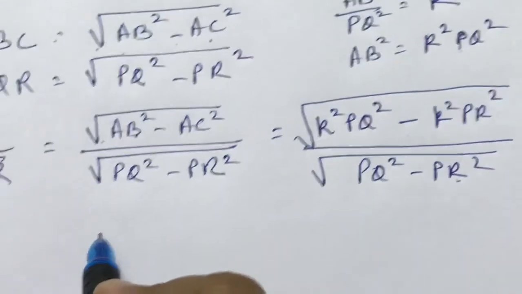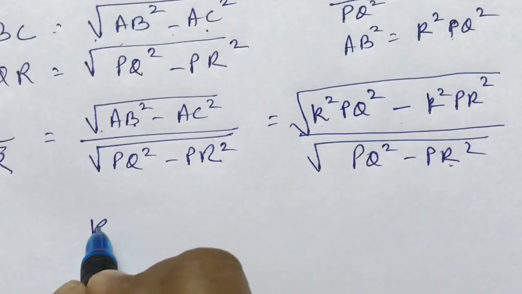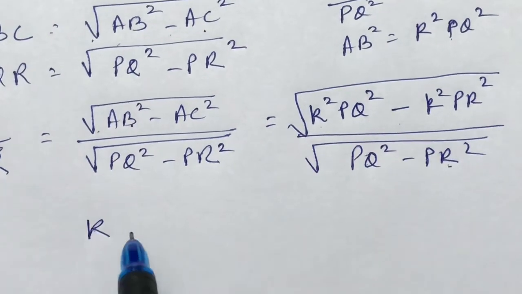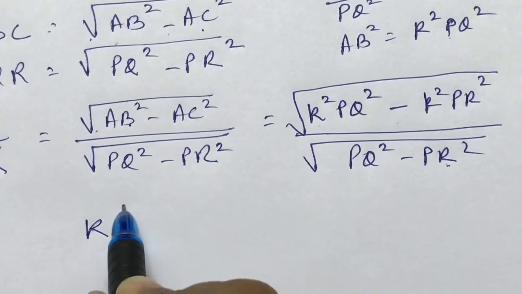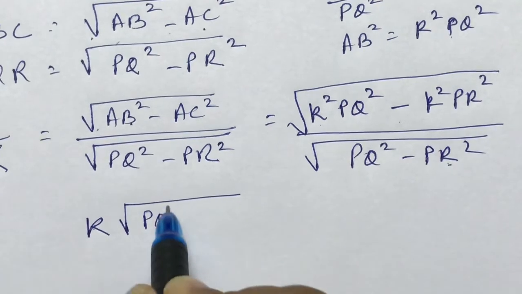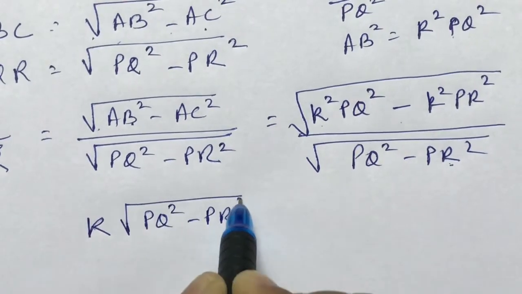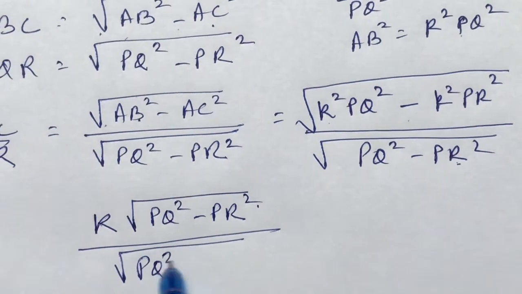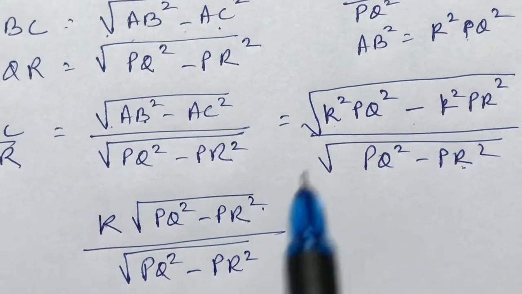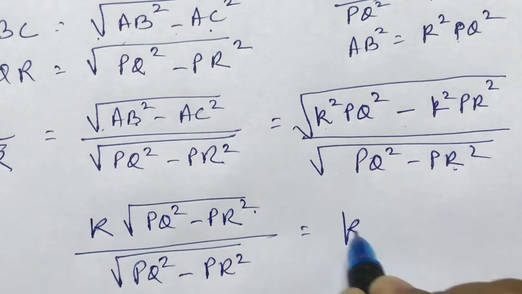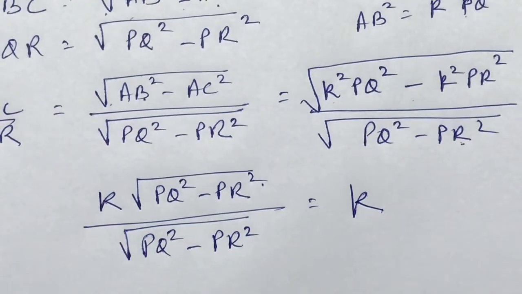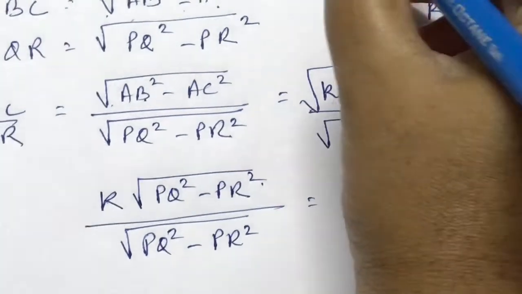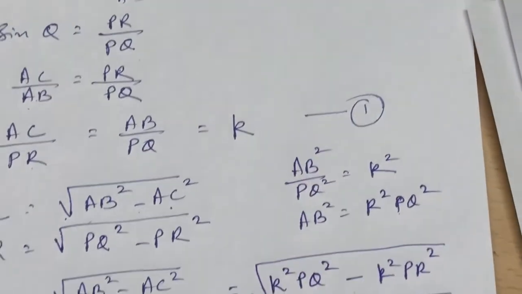Now from here, I can take K square common, and the square root of K square will be K. So what do you have inside now? It is root over of PQ square minus PR square by root over of PQ square minus PR square. So what do you get? It is K. So let us name this as equation 2, and let us name this as equation 1.